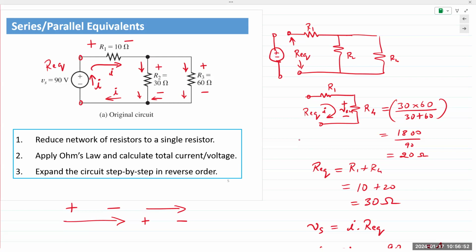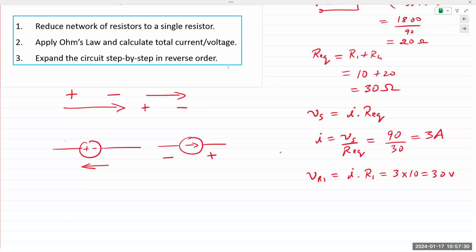Important thing to keep in mind: R4 is hypothetical. It's not real. That is how the circuit sees it, electrically speaking. In order to solve it, we combine R2 and R3 into R4 on paper. But when you combine it, it's one single resistance, and the same current I flows through R4. That's why we can calculate the voltage across R4 using I.